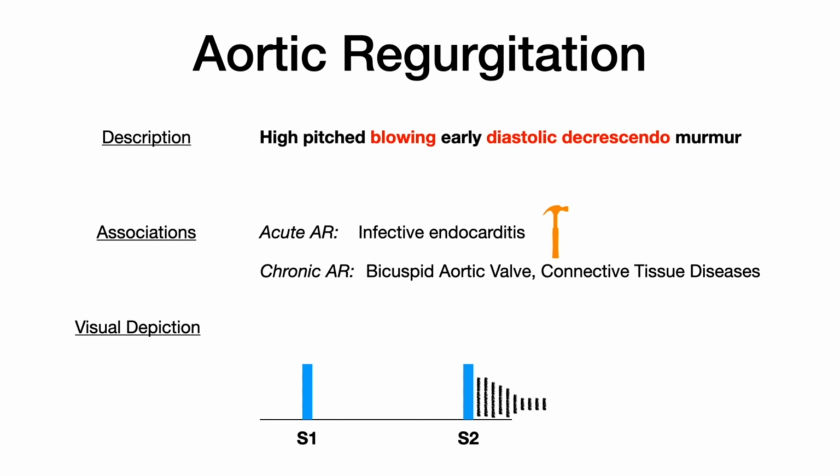What this means is that every time the left ventricle squeezes, it's squeezing out what was previously an increased end diastolic volume. So the volume of blood that the left ventricle squeezes in systole is really increased because of the aortic regurgitation.